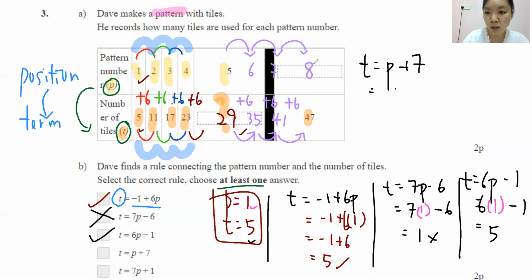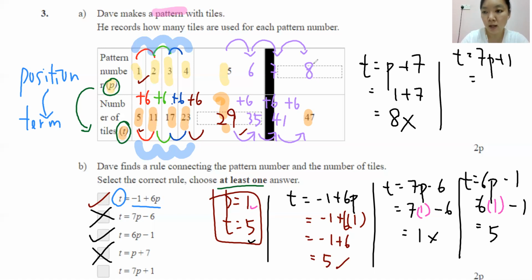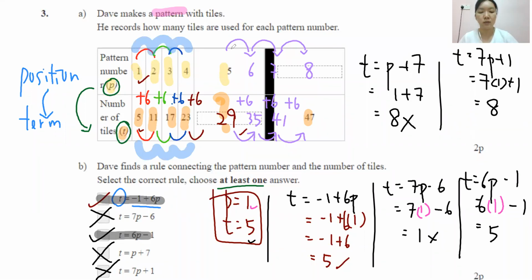If P equals 1, my T should equal 8. Oh, it's not. Cancel off. And the last one here is T equals 7P plus 1. Substituting P equals 1, 7 plus 1, I'm getting an 8 here. No, this is not. So the answers are this and also this.